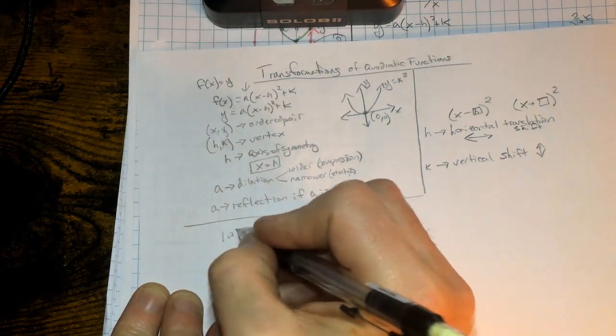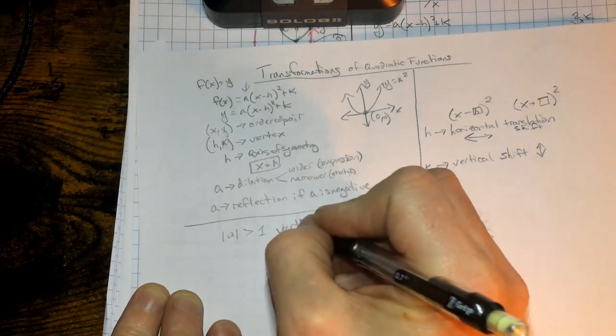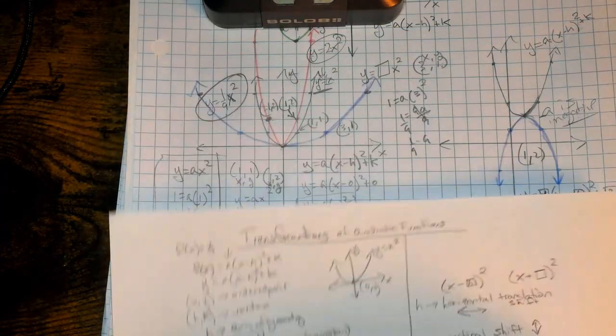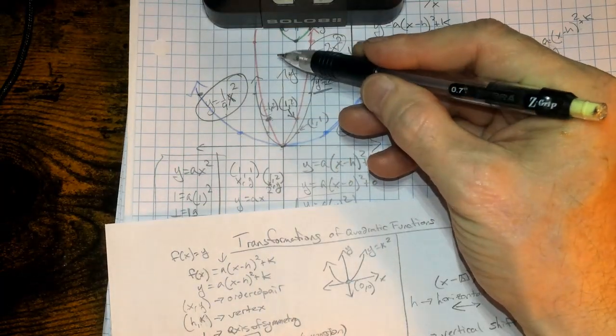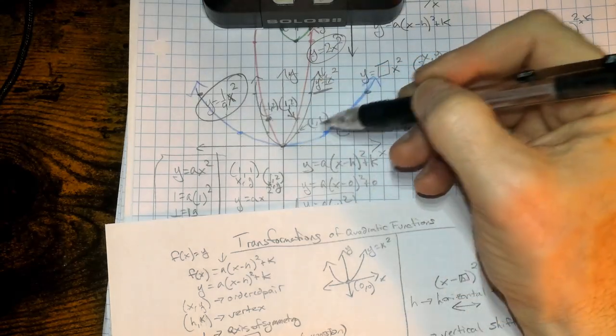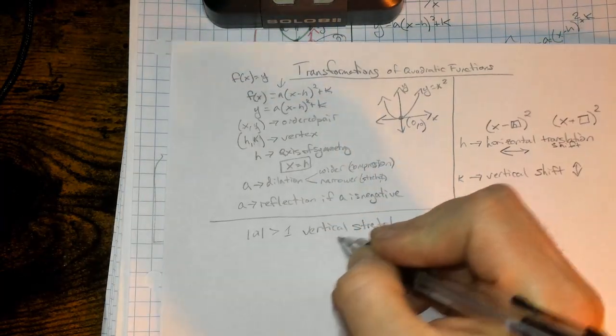The absolute value of A, when it's greater than 1, we will call it a vertical stretch, because it's stretching this red curve closer and closer to the y-axis, whereas the blue curve, it's compressing it closer and closer to the x-axis, so it's compressing it down.